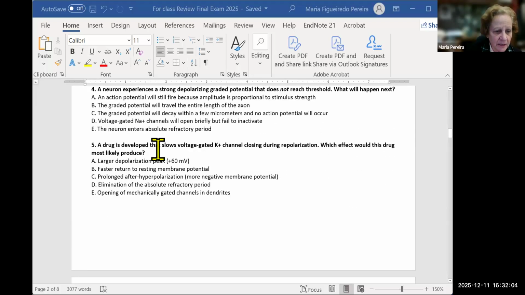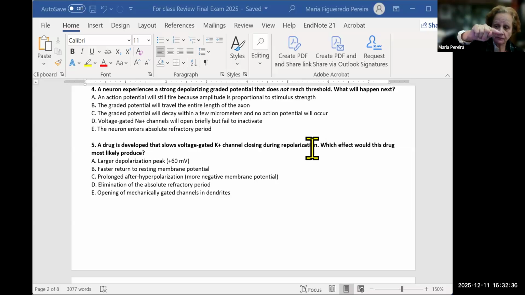A drug is developed that slows voltage-gated potassium channels closing during repolarization. Remember, these are the ones involved in hyperpolarization and also repolarization. So remember the graph: you go from minus 72 to minus 55, that's the threshold.